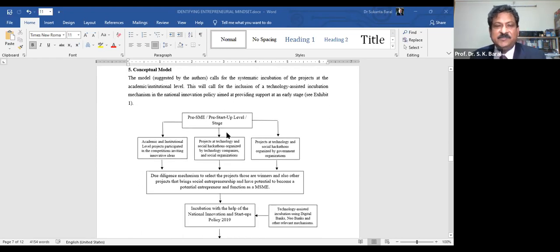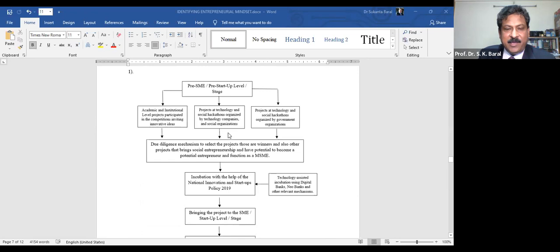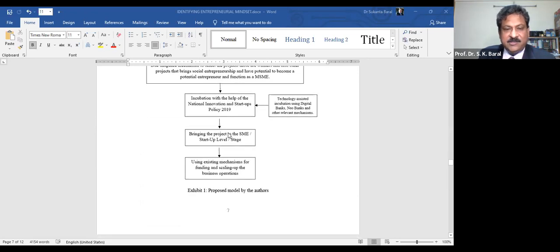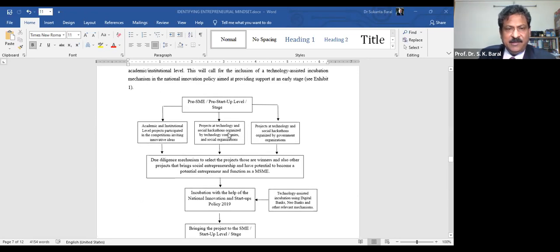So this is my conceptual model that has been developed by all of the authors. You see, I have taken pre-SME, small micro entrepreneurs, and this is our pre-startup level.